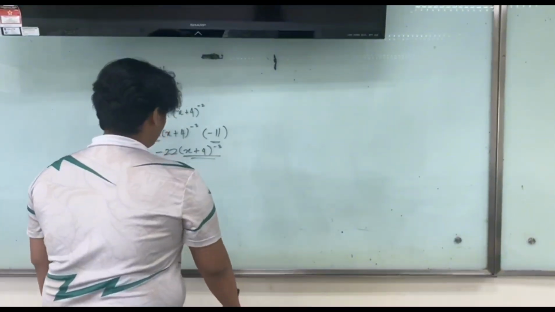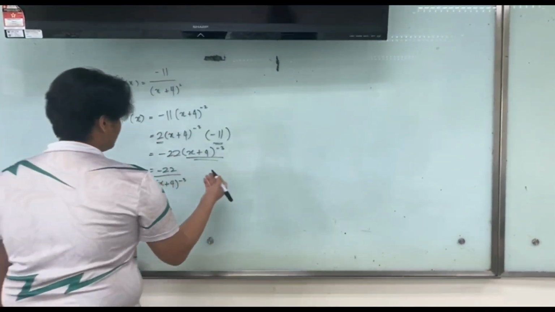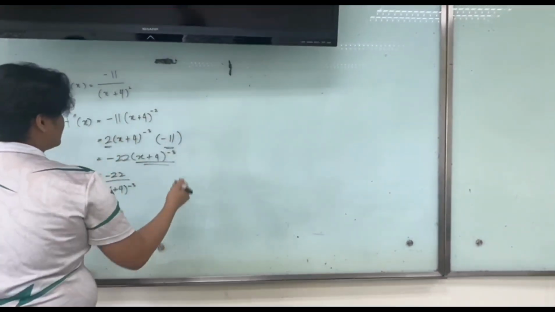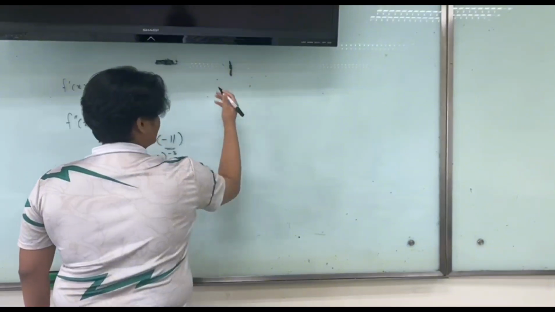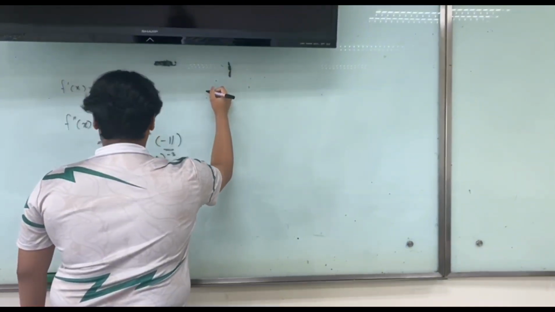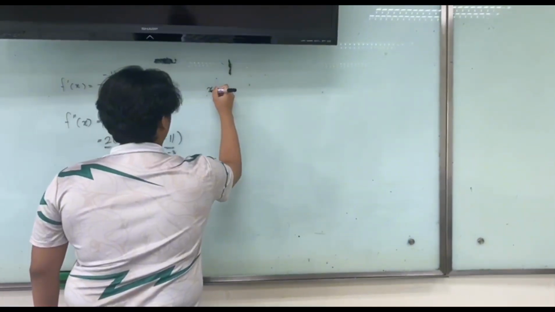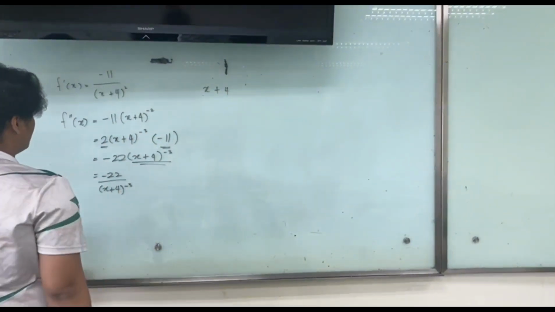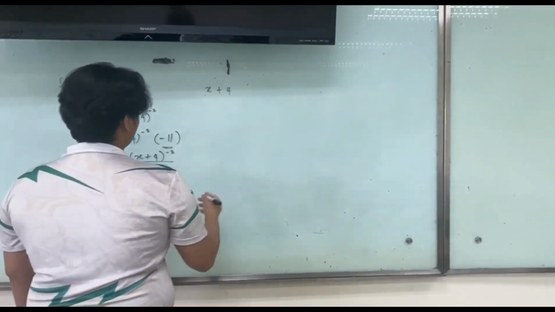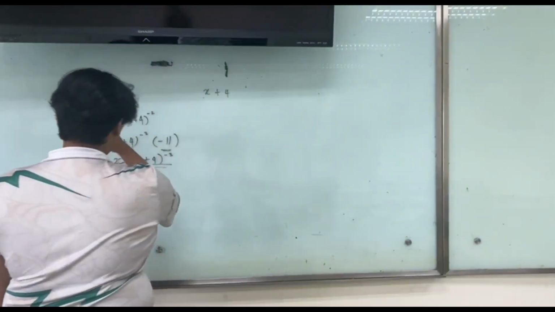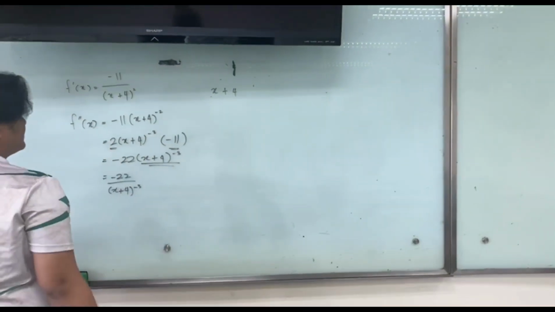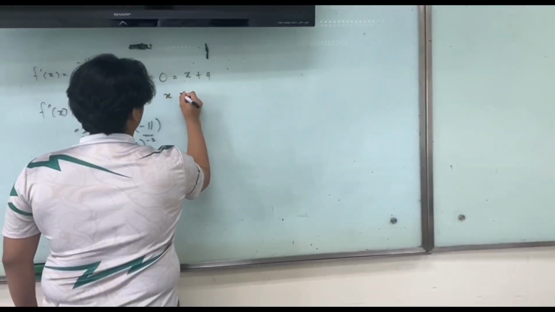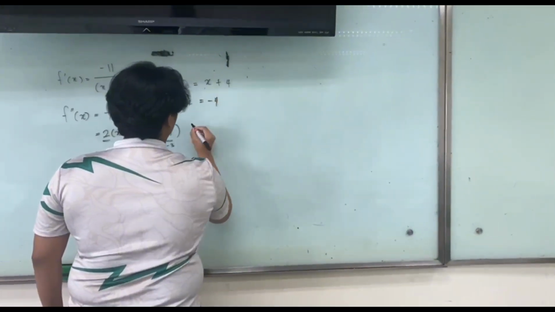Then that is the second derivative. Then you need to find the critical value for the second derivative. The way to find the critical value is the same as for the first derivative: you must let it become 0, so x equal to negative 4.